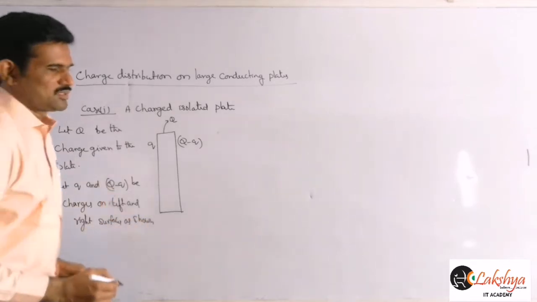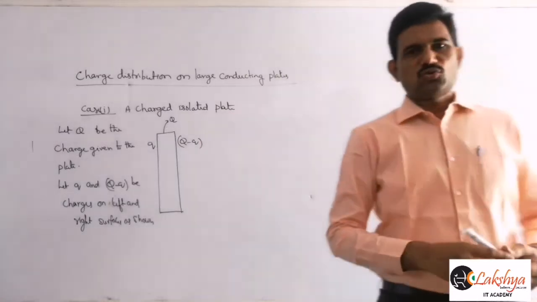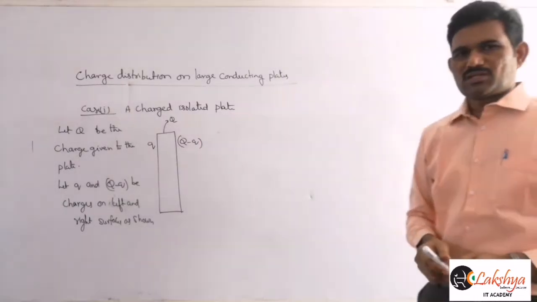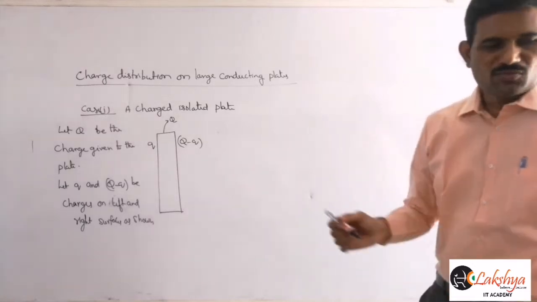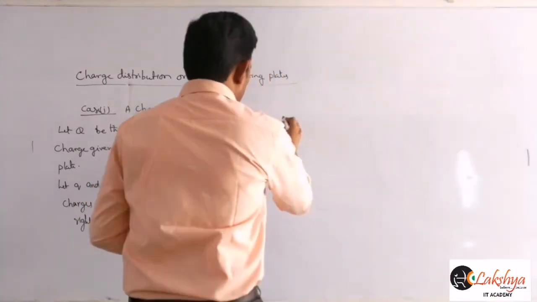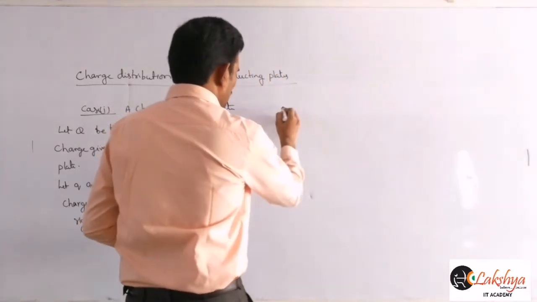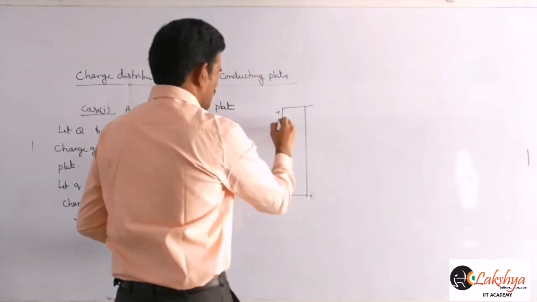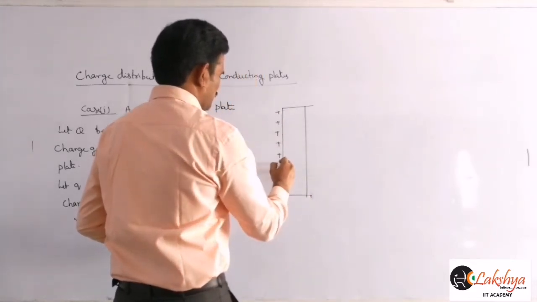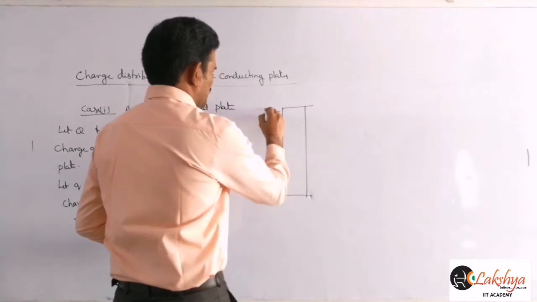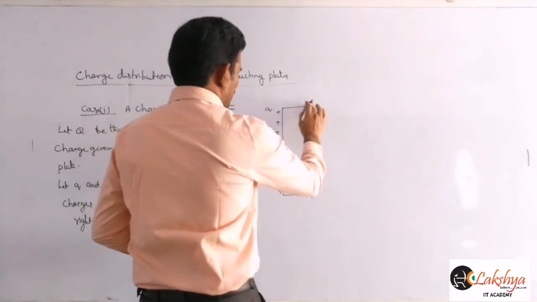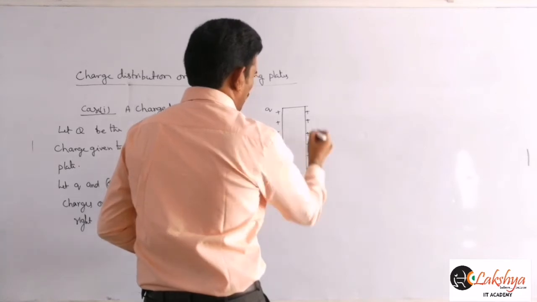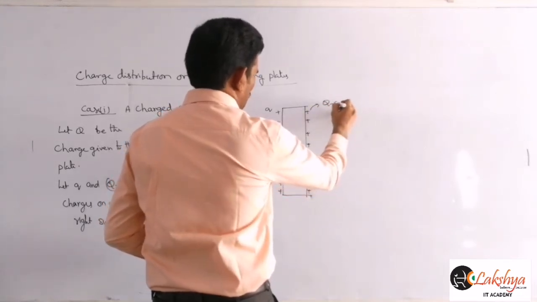We are assuming that q is the charge present on the left side and Q minus q is the charge present on the right side. I will draw this diagram again here. This is our assumption: some charge q will be distributed on this side, so this is q, and on this side again some charge will be there, which we are assuming as Q minus q.